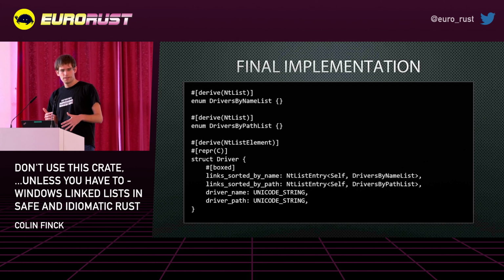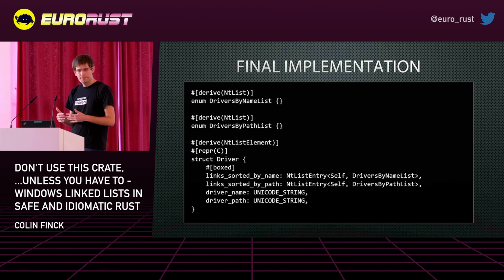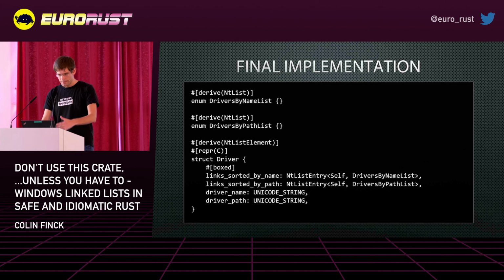It will look into the entire element structure for NT-list entry fields and then implement NT-list element for all of them with the correct offset. Finally, there's also the boxed attribute, which you can use to designate the single link that shall be used for the safe implementation. So basically the link that owns the memory for this driver element.